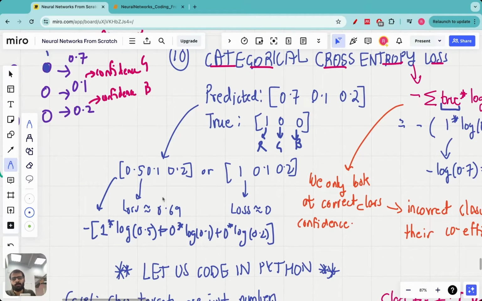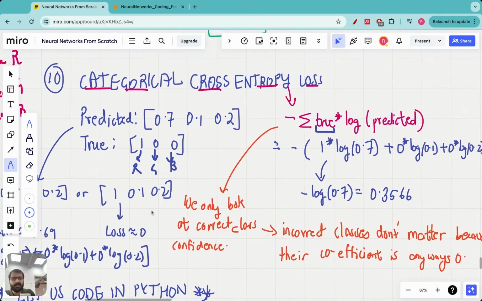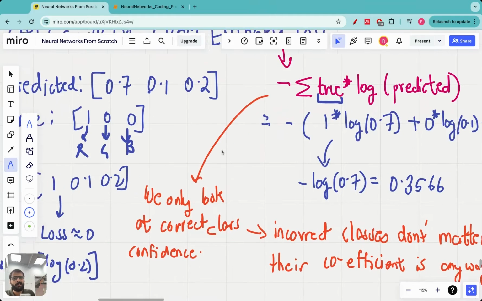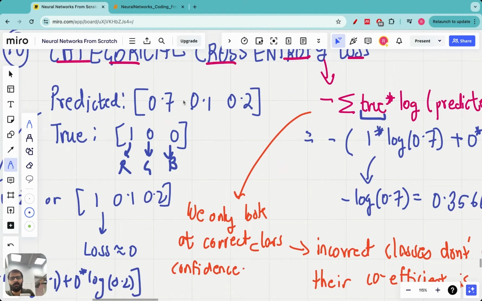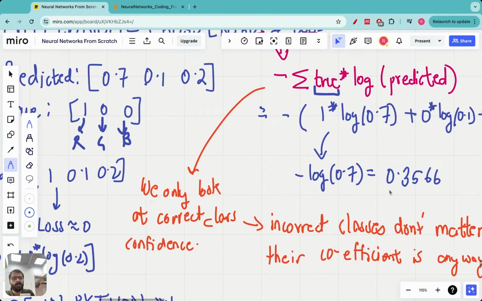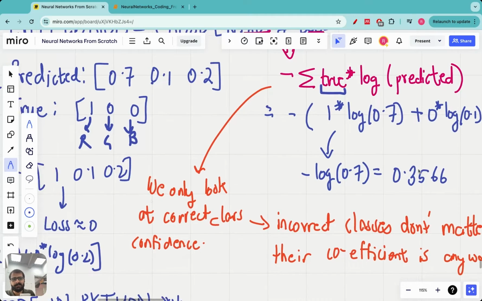Okay. So this answer would be 0.69, whereas if you do this calculation for the predicted values 0.7, 0.1, and 0.2, it will be 0.3566.